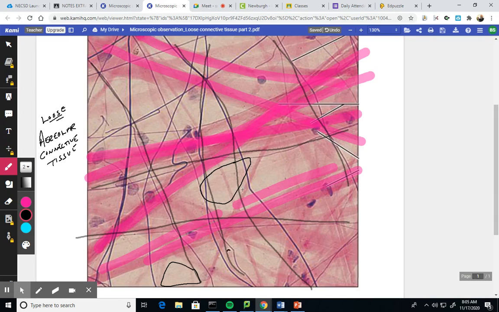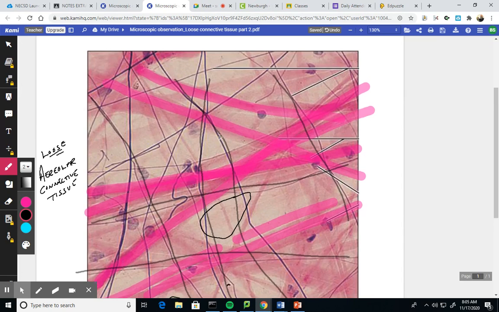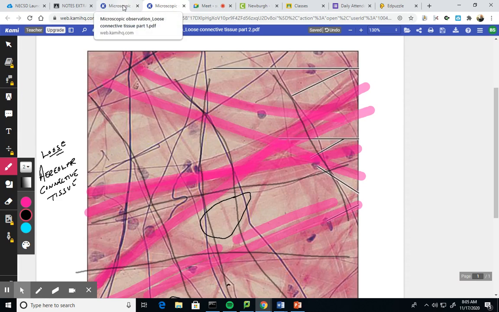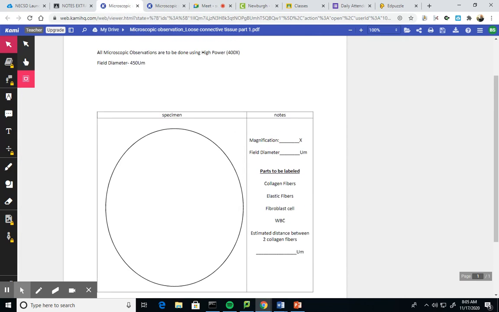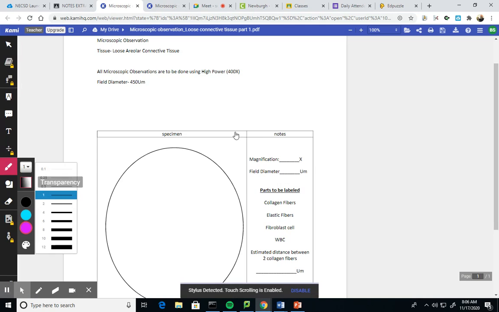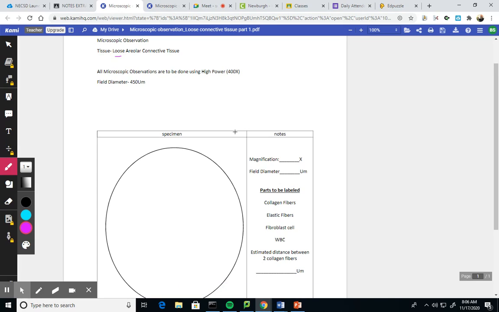So I want to draw this specimen. This is going to be a microscopic observation. And when I see something in my lab book that looks like this, I know that this is where I'm going to record my microscopic observation. This observation is loose or areolar connective tissue.